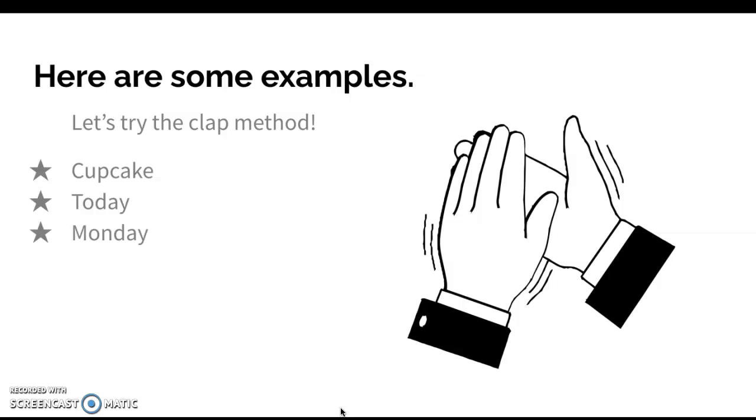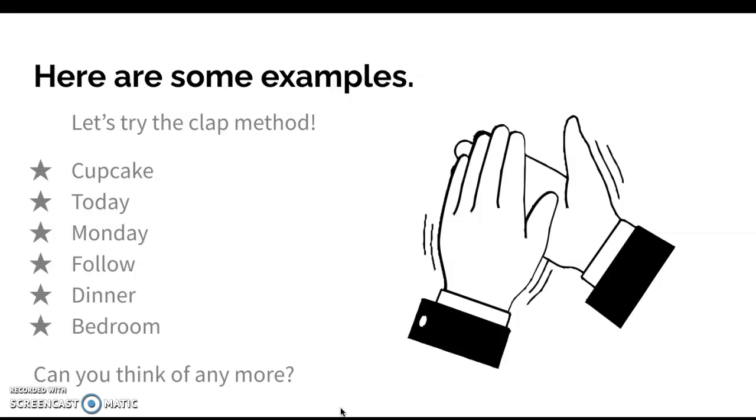Our next word is Monday, and this is broken down into Mon-day. Next, we have follow, fol-low. Next, we have dinner, din-ner. And then finally, we have bedroom, which would be broken down into bed-room.